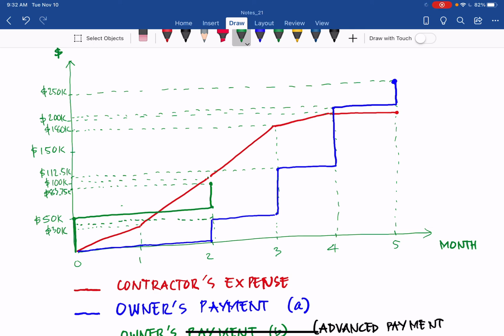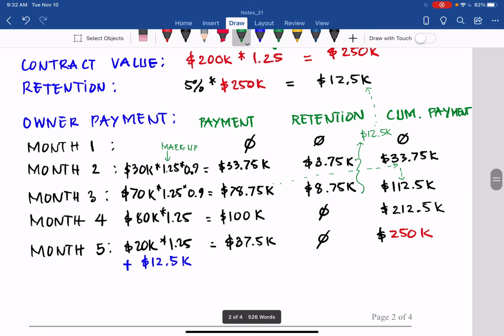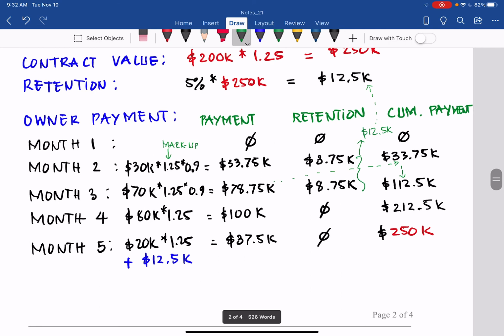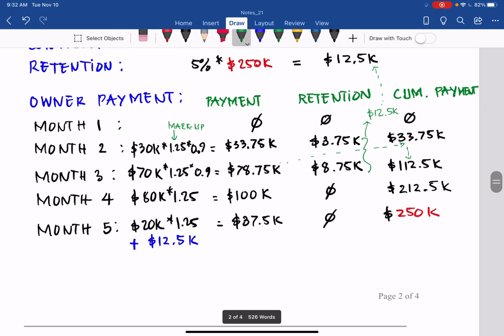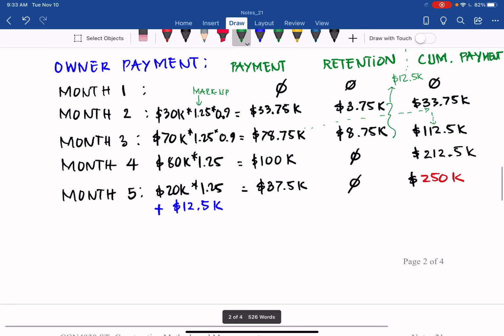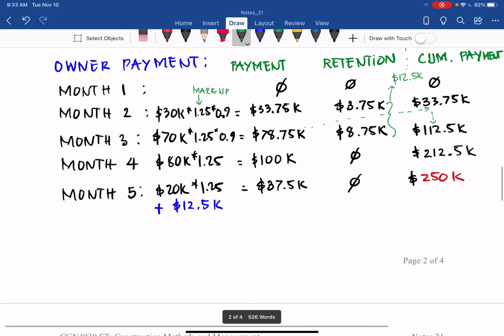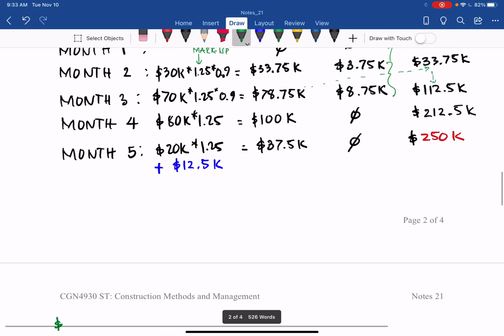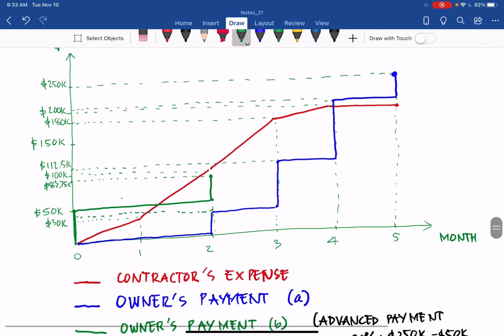And then continue to add the 50,000 plus 112,500. So it means 162,500.